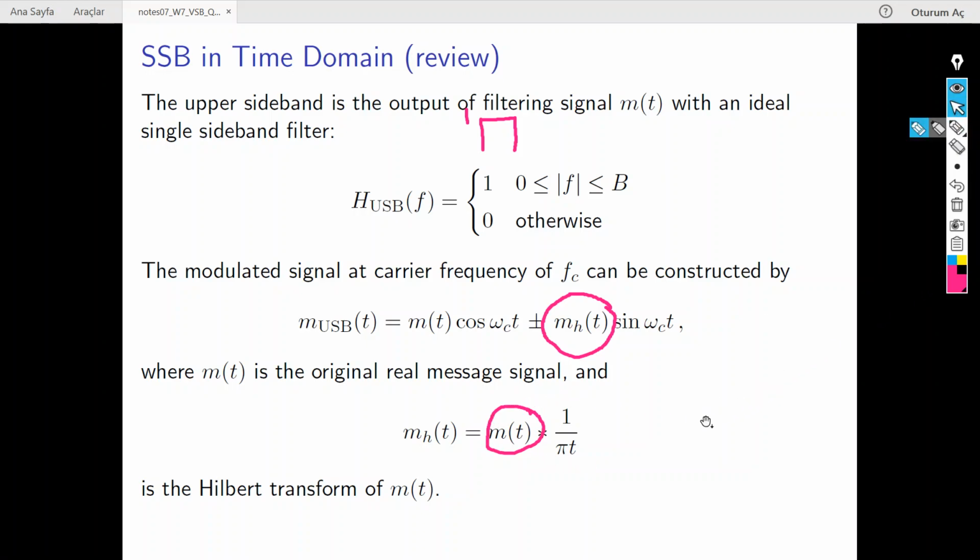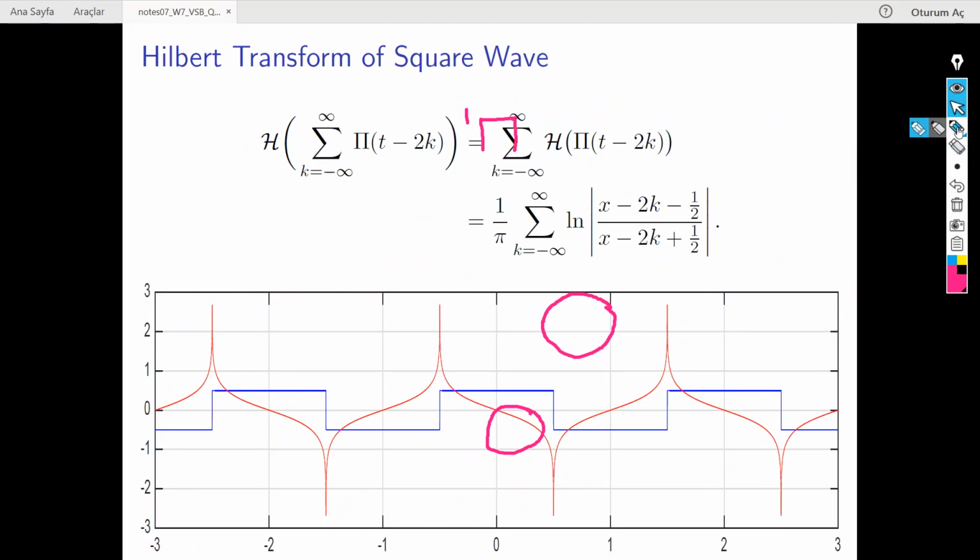So let's take an example about the Hilbert transform so that we understand how it works. You don't need to go into the details of it, but if you have a series of rectangular pulses, rectangular signals, as you can see here in the figure, the blue one, and I ask you to take the Hilbert transform, it is basically the summation of the Hilbert transform of this sequence.